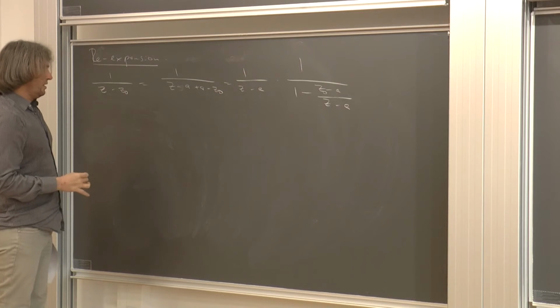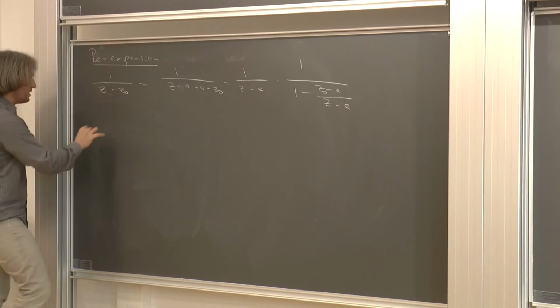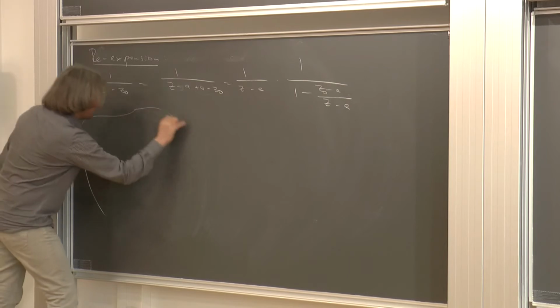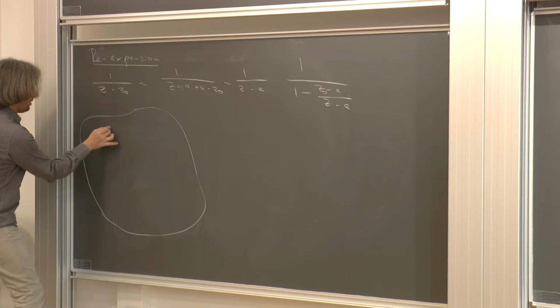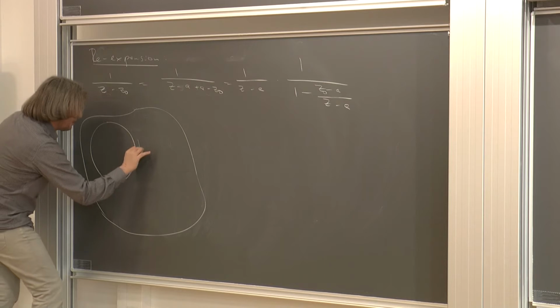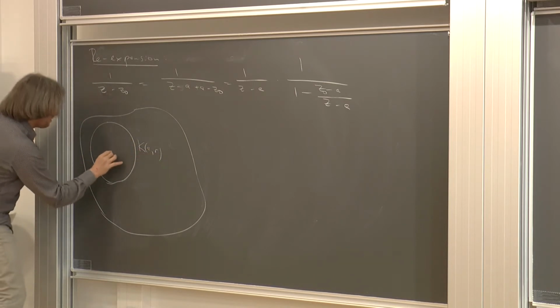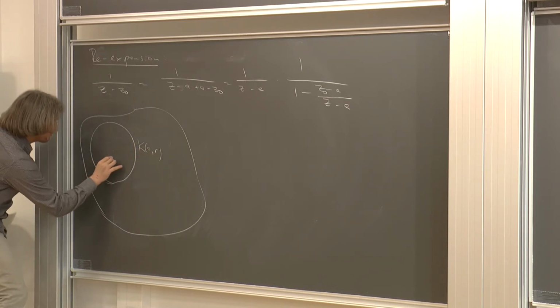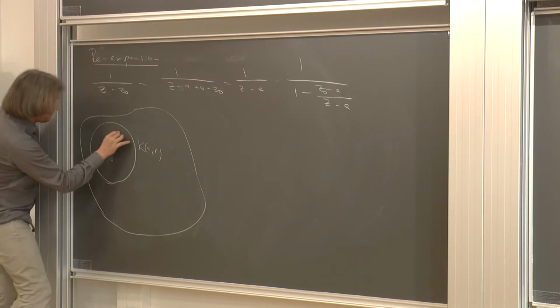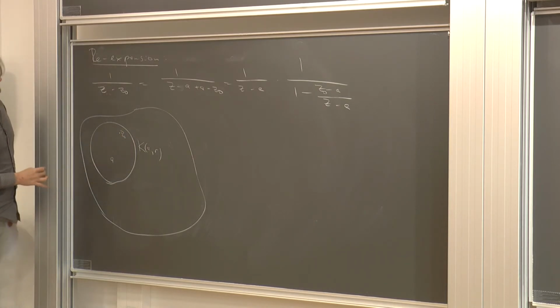So let's draw the picture of our integration. We have our domain G, and then we have our disk K_a(r), with center a, and then we have z naught somewhere inside.